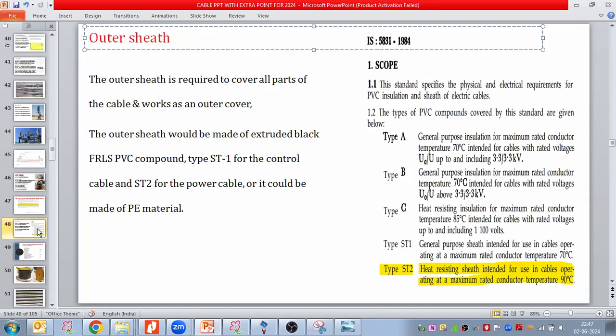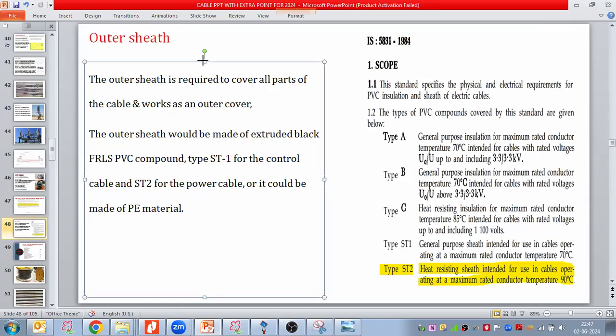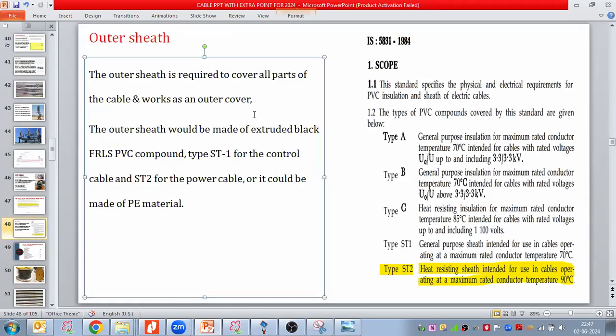The outer sheath is required to cover all parts of the cable and works as an outer cover, outer jacket. The outer sheath would be made of extruded black FRLS PVC compound, fire retardant low smoke PVC compound, type ST1 for control cable and ST2 for power cables, or it could be made of polyethylene PE material, right?